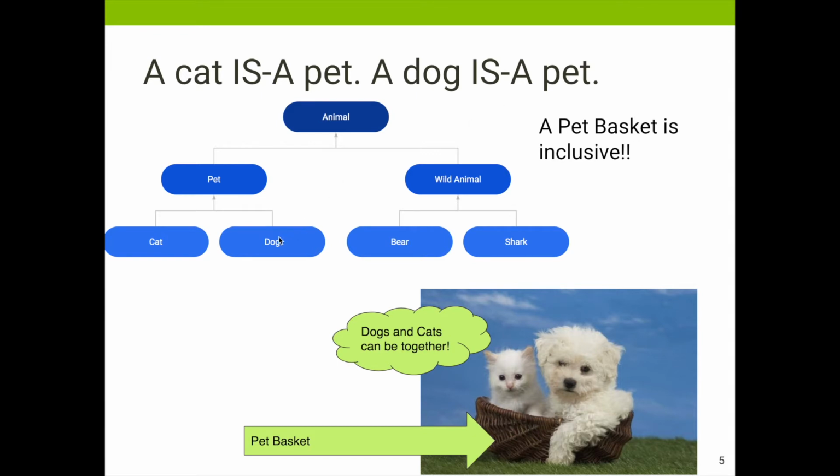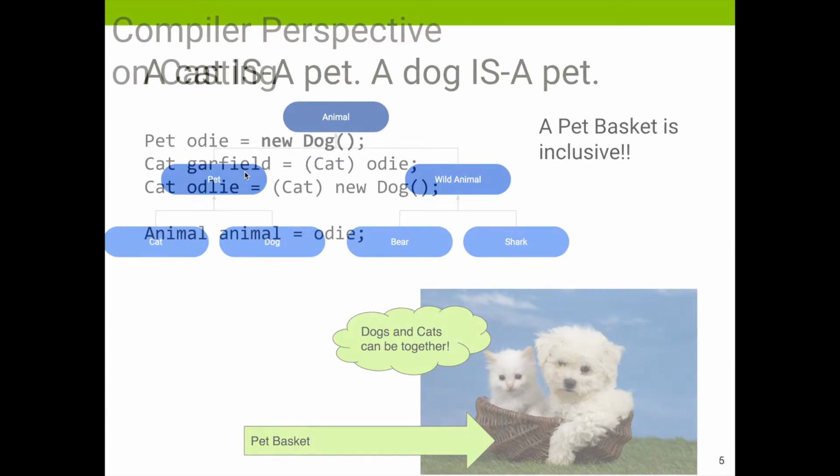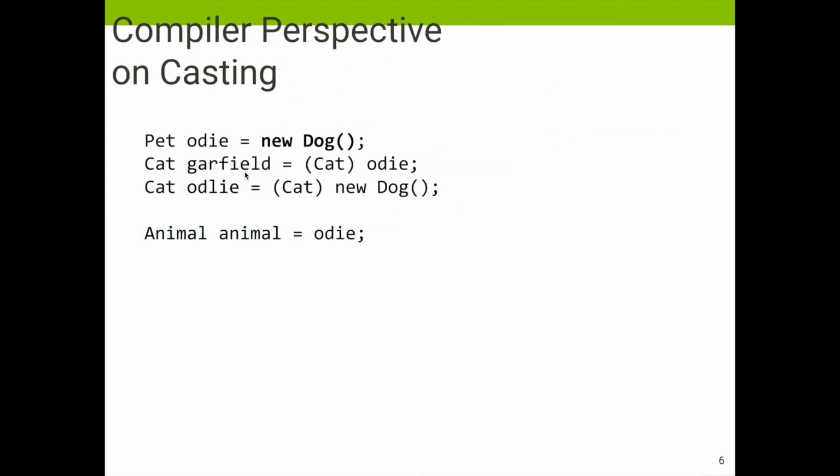And I want you to take a close note of the arrows, okay? The dog points to the pet, the cat points to the pet, because a dog is a pet and a cat is a pet. So it's important to know those arrow relationships, as we can see that you can put a dog into a pet identifier, okay? So let's take a look at the problem from a compiler's perspective.